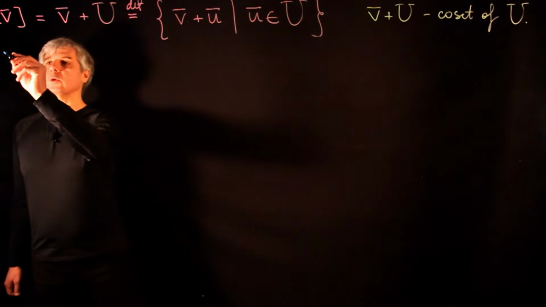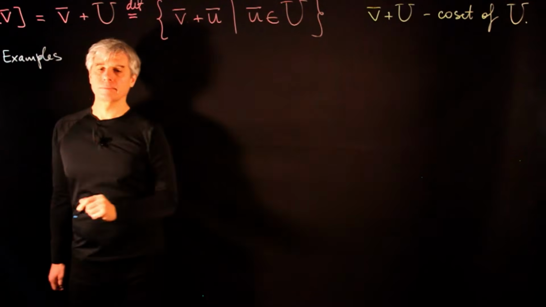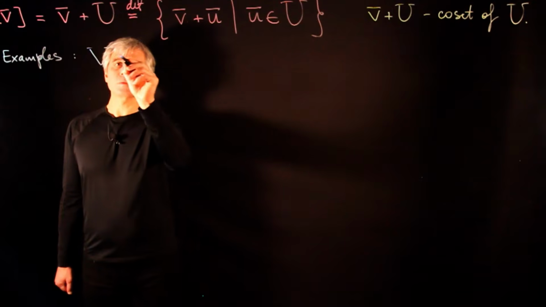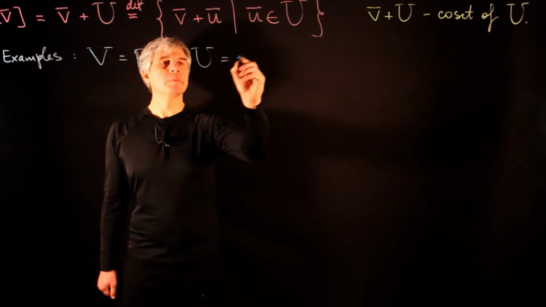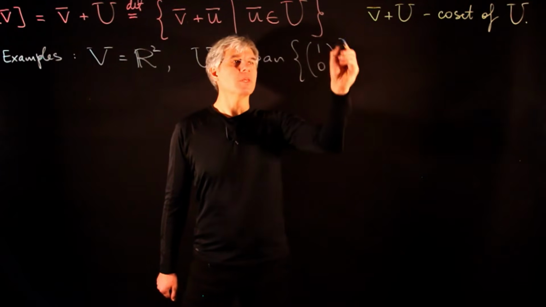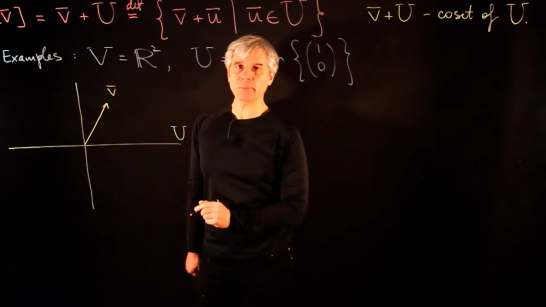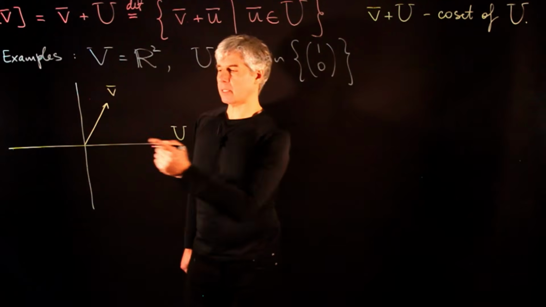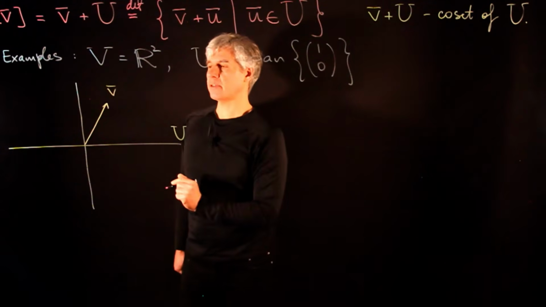Now let us look at some examples. Let's take V to be R2 and U be the span of vector (1, 0). So that is the x-axis. Here our vector space is a plane and our subspace is this horizontal line. Now what will be the coset of a vector v?